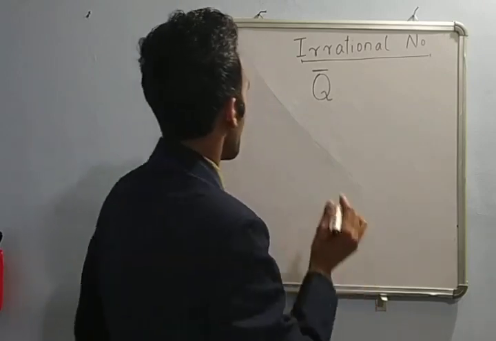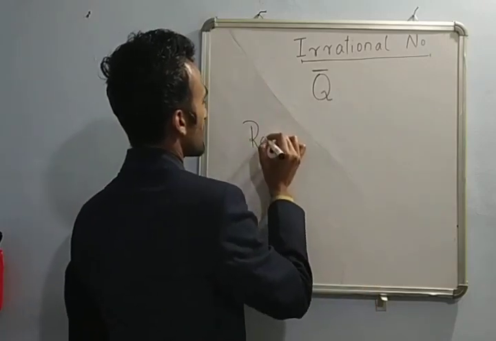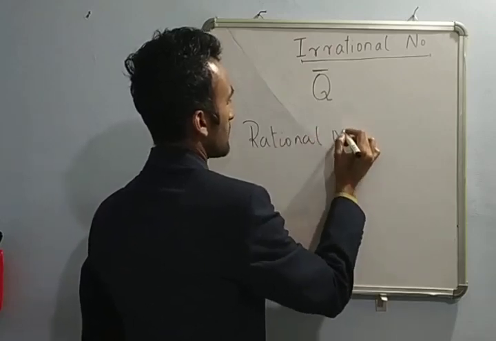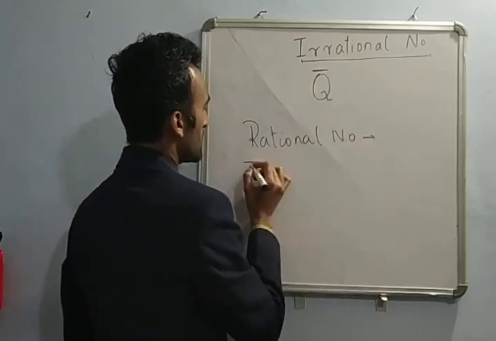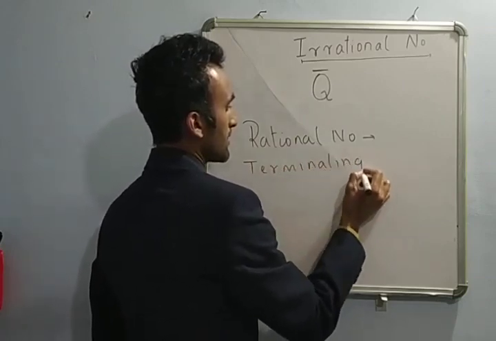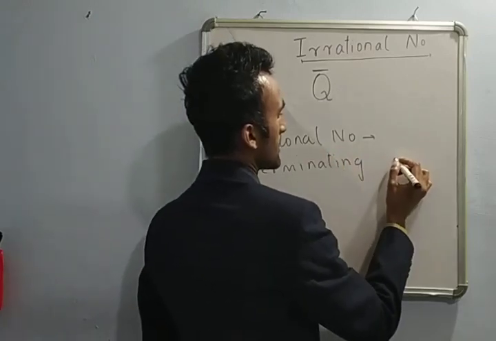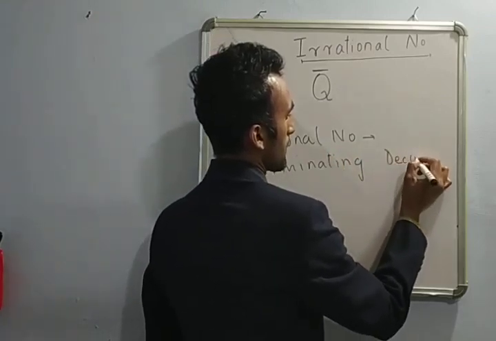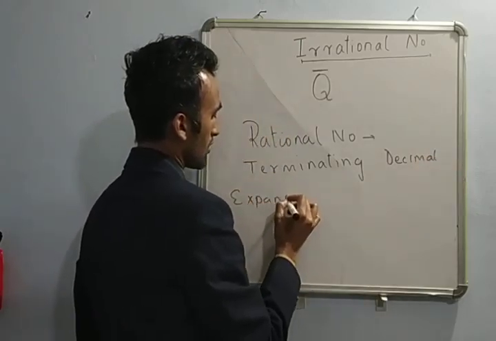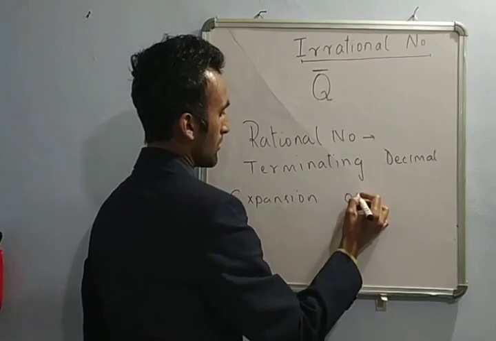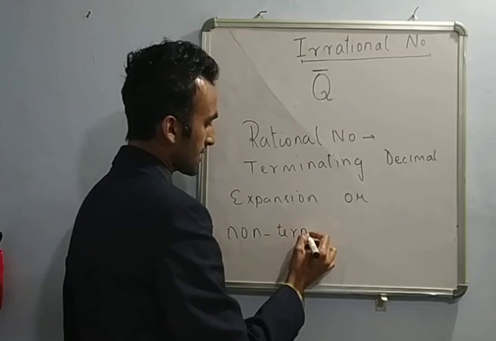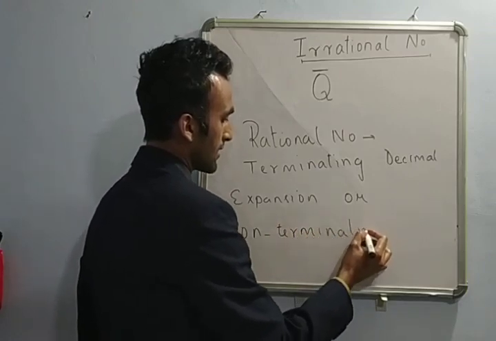This is just a brief idea of rational numbers. A rational number has a terminating decimal expansion, or if it doesn't terminate, it will repeat.